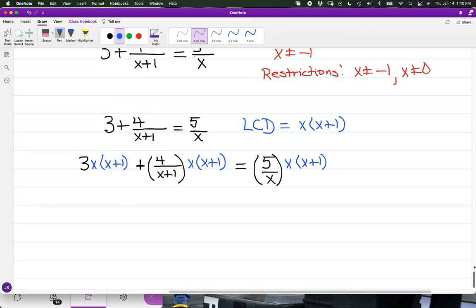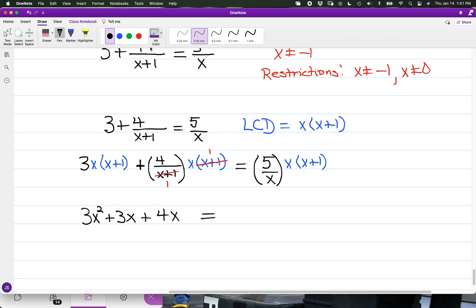So for the first term, I have 3x all over x plus 1, so this would be 3x squared plus 3x. For the next, you have 4 over x plus 1 times x plus 1, so the x plus 1 cancels out, and you have plus 4x.